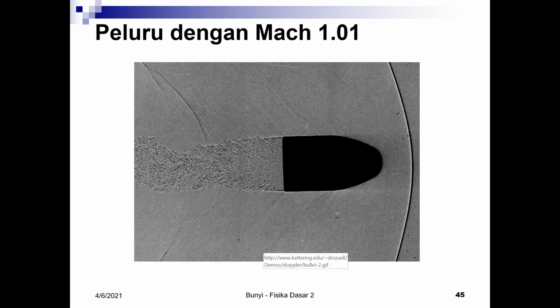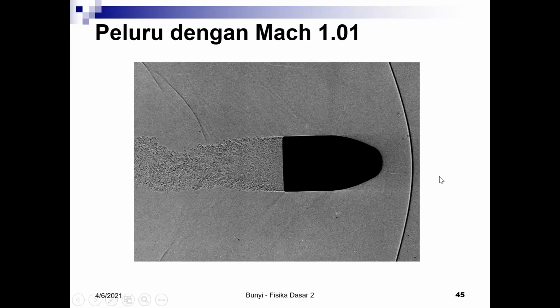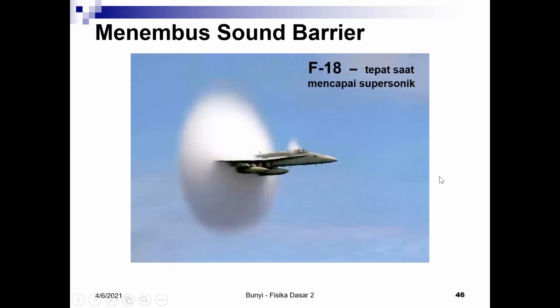So this is, for example, a picture of a bullet in the air. And this is, if you know the F-18 Hornet, a jet airplane, when it reaches supersonic speed.